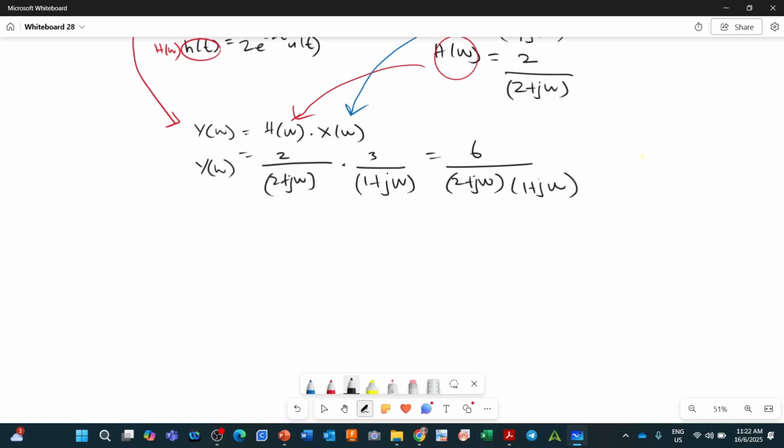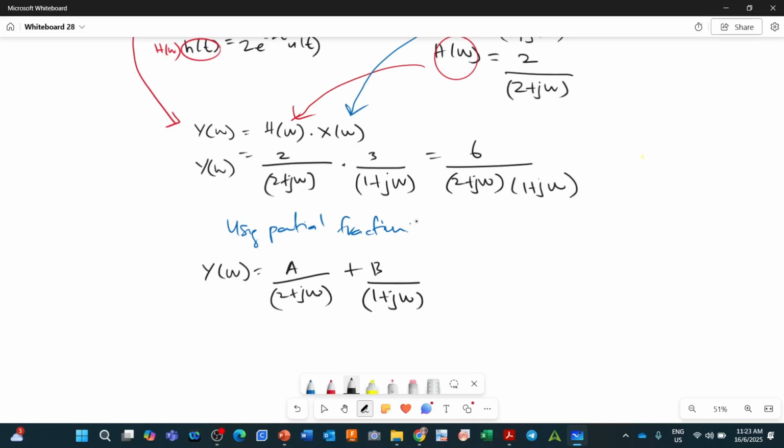Okay, so how you're going to solve this is that you're going to use partial fraction. Using partial fraction, you're going to expand Y(omega) and you get A over 2 plus j omega plus B over 1 plus j omega.